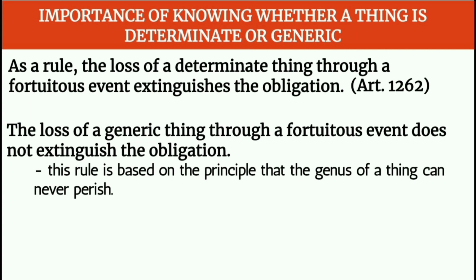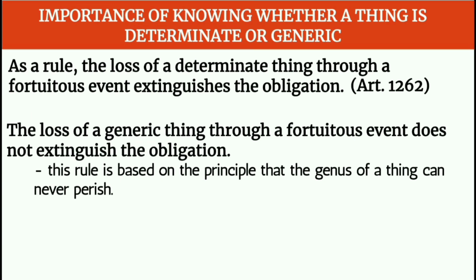Another example, kung ang obligation ko ay magbigay ng 10,000 pesos at through a fortuitous event, nawala o nasira yung 10,000 pesos, yung obligation ko na magbigay sa iyo ng 10,000 pesos, hindi pa yan matatapos. That means, meron pa rin akong obligation na magbigay sa iyo ng 10,000 pesos.